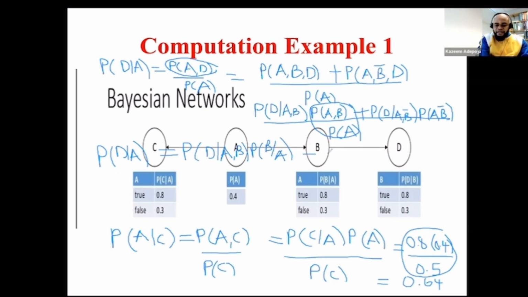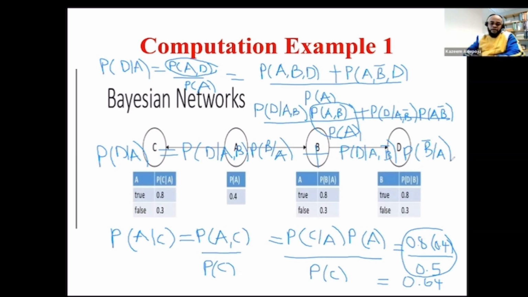So similarly, I'm going to have the probability of D given A, comma B complement, then multiplied by the probability of B complement given A.